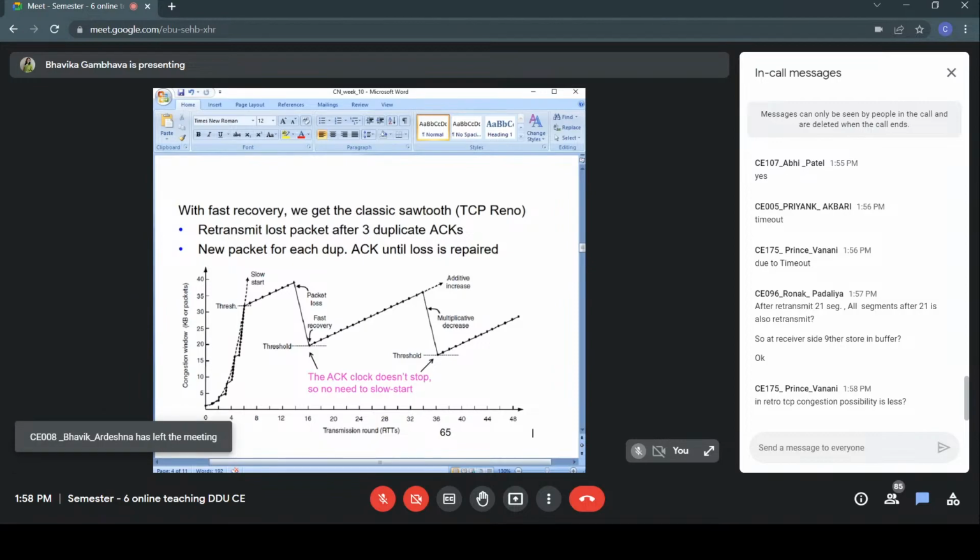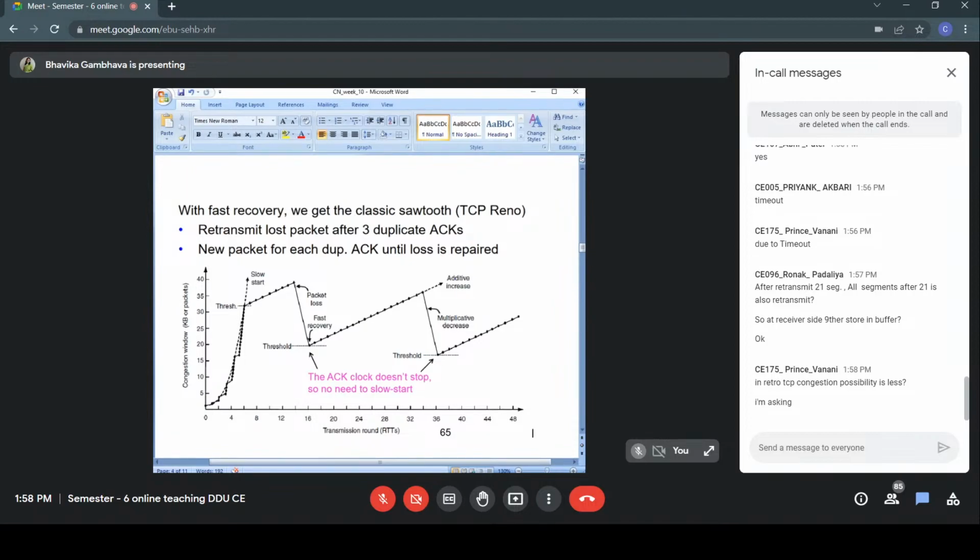In Reno TCP, congestion possibility is less. How, Prince? Yes, but why do you think that congestion would be lesser in case of Reno TCP? Why do you think that?